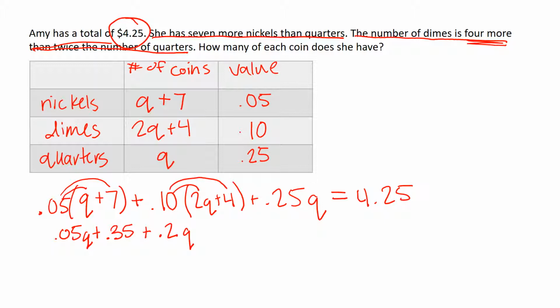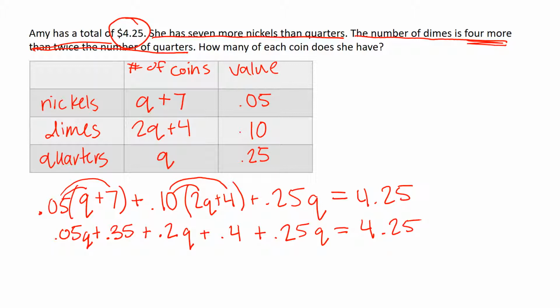And when we go there, it'll be plus 0.4. And then we don't have to do much here. That's already written up. Let's see, that was a plus. And then we'll keep our other side of the equal sign the same.